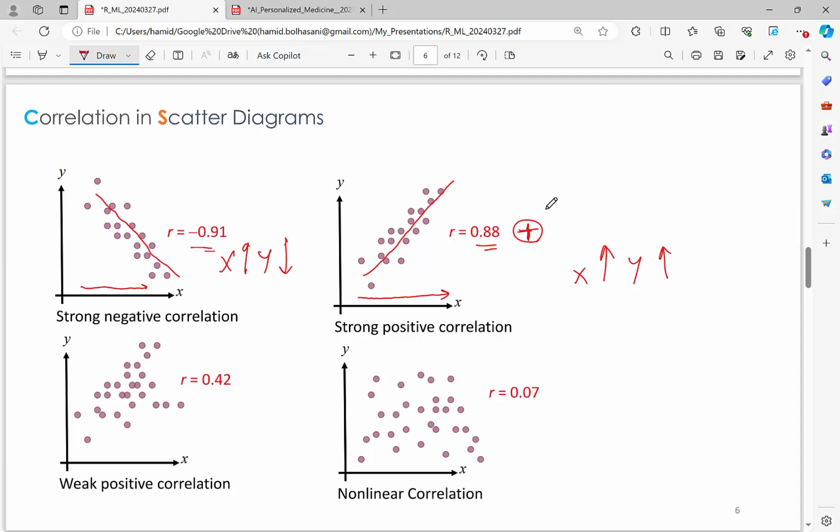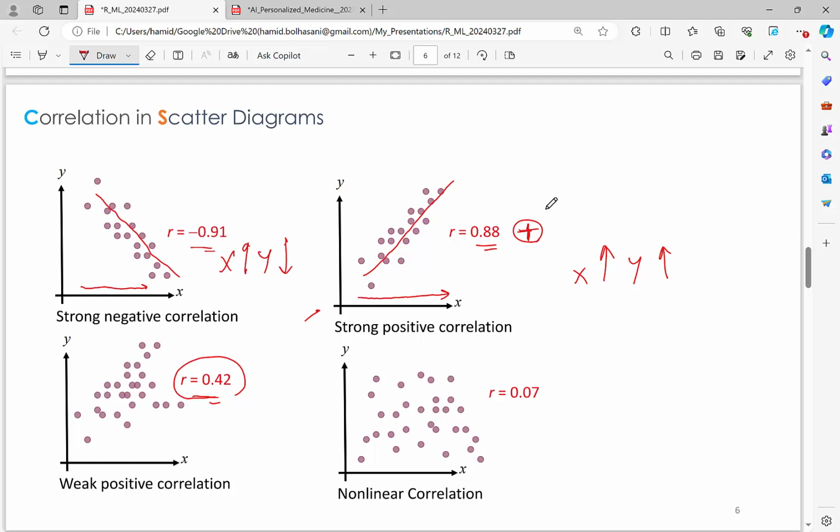Here is a weak positive correlation. Also the pattern shows us in comparison with this, the value of r shows us this is weaker than this.